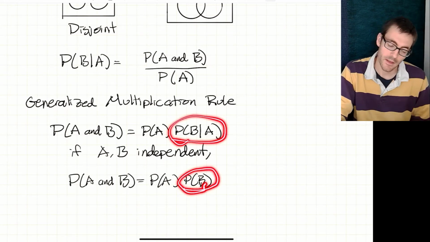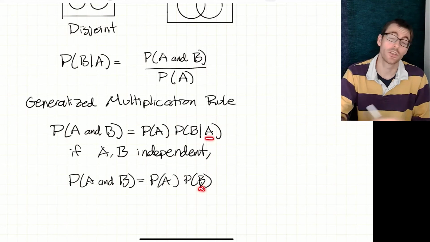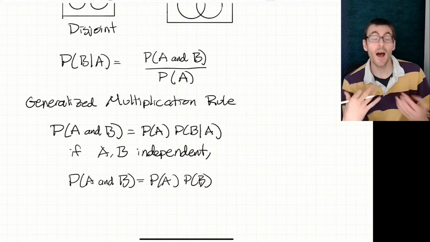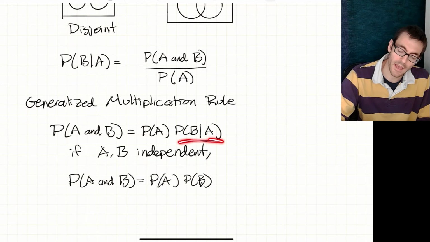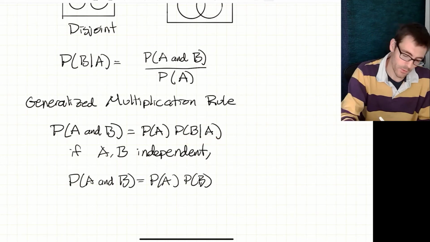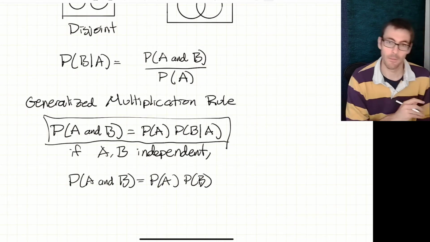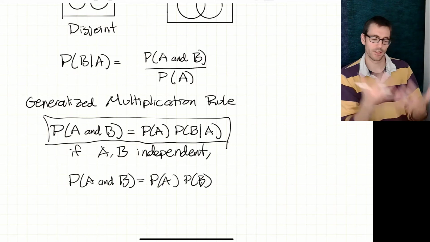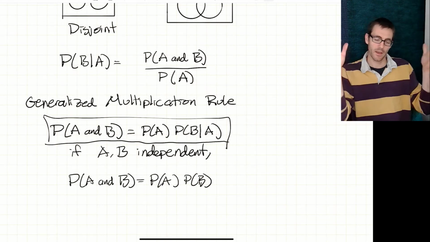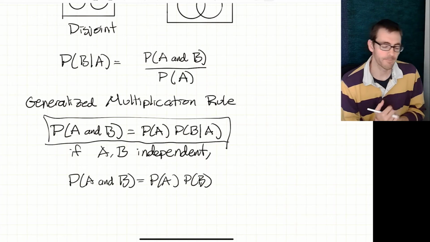If they're independent, updating our B probability with A shouldn't affect anything. If they're not independent, then this will account for this generalization. So this rule is the one that we particularly care about. We mentioned the other one earlier because we were just getting used to probability. This is the rule that we will almost always use.